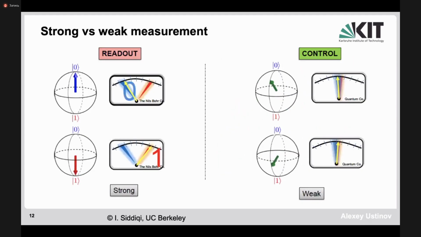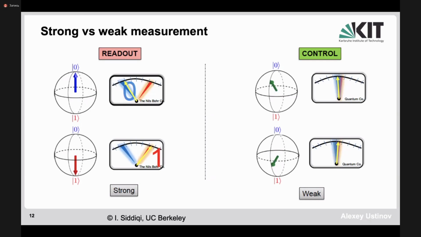Now, I mentioned very briefly that there are two types of measurements. There are measurements of the large signal, where you measure a projection of the qubit state onto the z-axis, or maybe another axis, depending on the rotation you do before the readout.